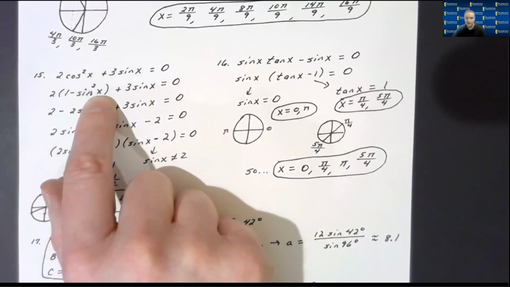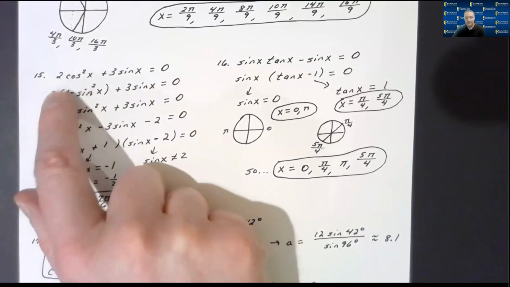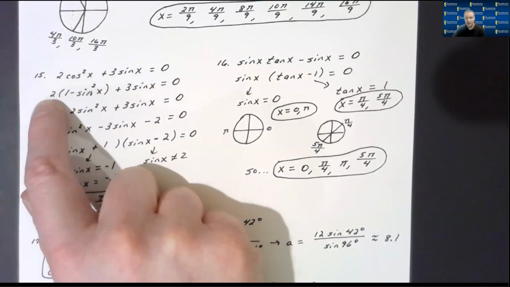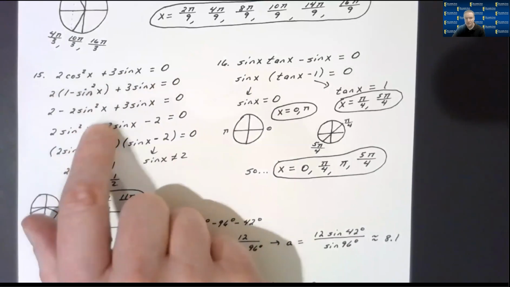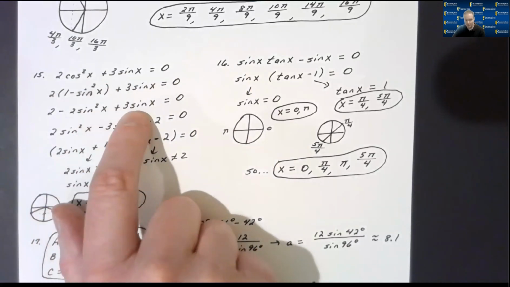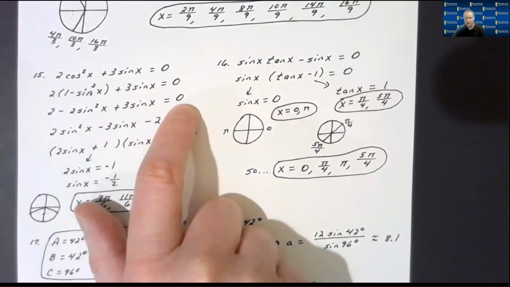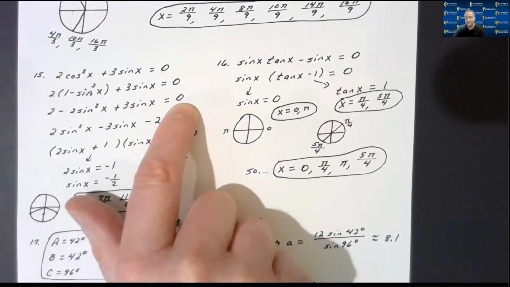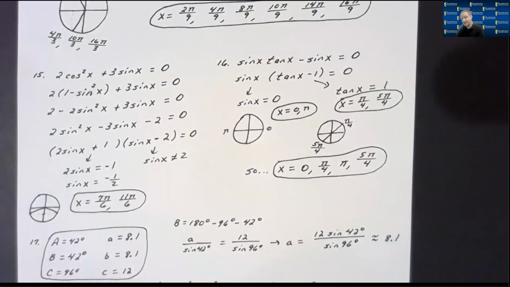So after I distribute that 2 through there, I'll get 2 minus 2 sine squared x plus 3 sine x is equal to 0. Now I can see that this can be written as a quadratic function in terms of sine. I would prefer the leading term, the squared term, to be positive.